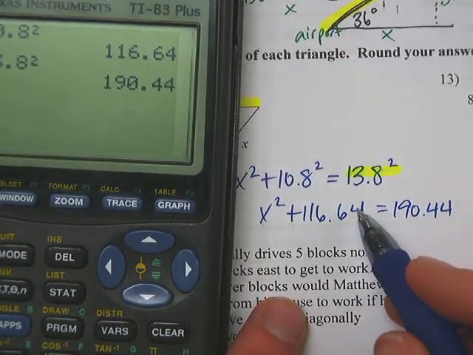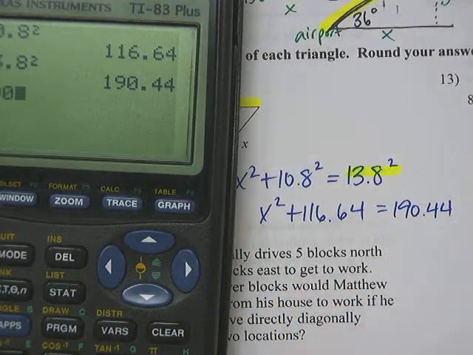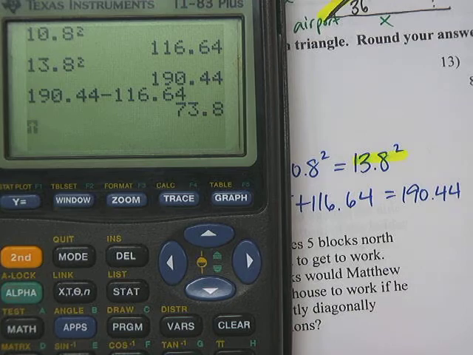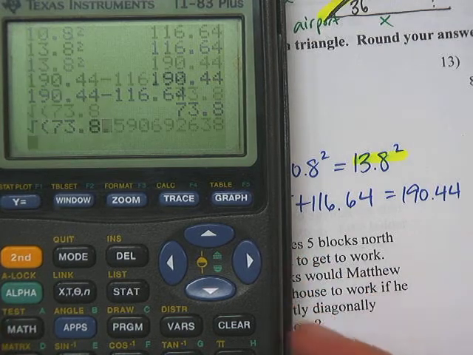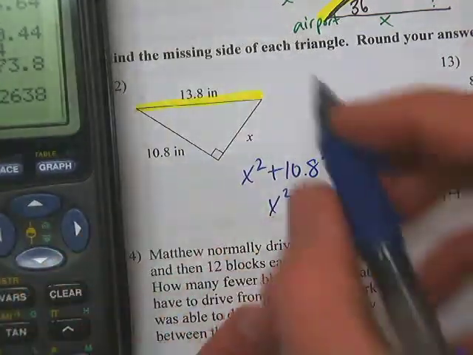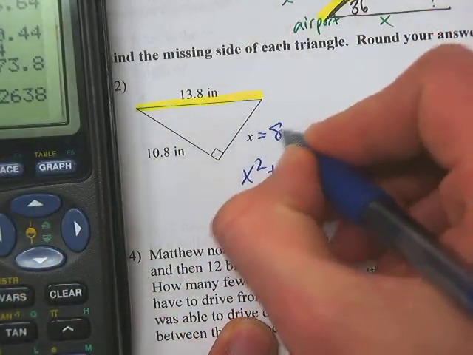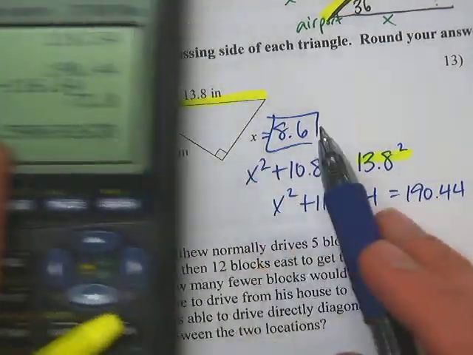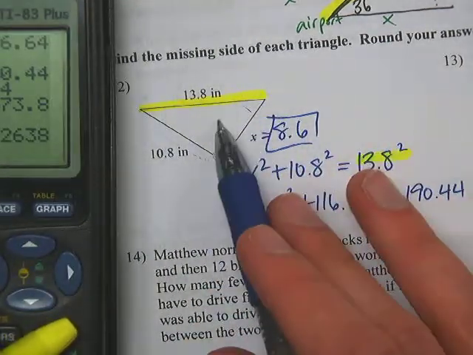So if I'm using my calculator, 10.8 squared is 116.64. 13.8 squared is 190.44. So x squared plus 116.64 equals 190.44. Well, to get x by itself, I just need to subtract those two.